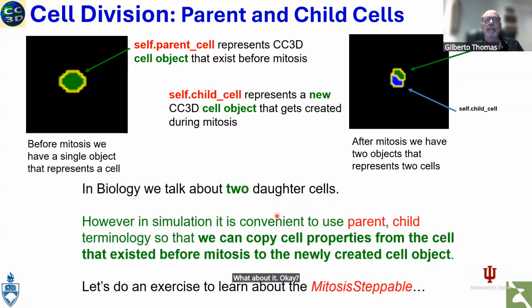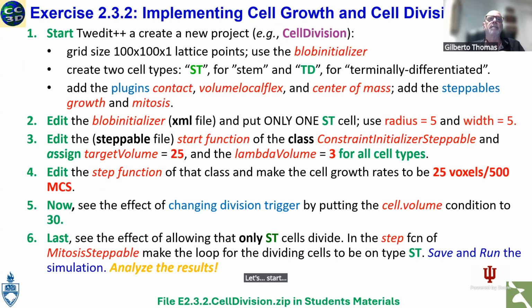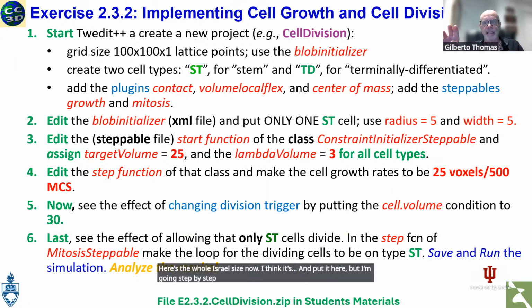Going home, see, this is what I have there. Okay, now I think we are ready to make the exercise. Let's start this one. Here's the whole exercise now. I think I'm putting it here, but I'm going step by step in the next slides.